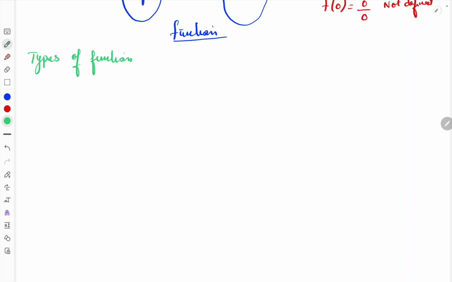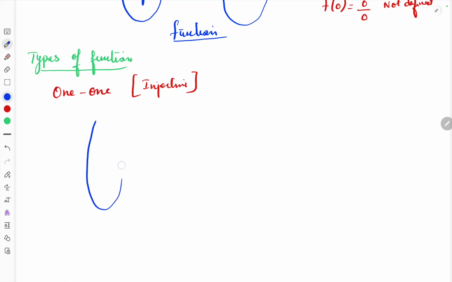So in these types of functions, first thing we should know what is one-to-one. The other name for this is injective. One-to-one is nothing but, suppose I will take one arrow diagram, and here in the domain we have 1, 2, 3, 4, and here 11, 12, 13, 14 and 5 I have here.